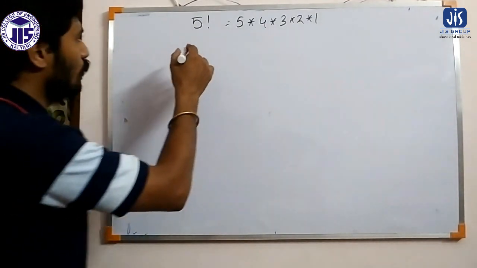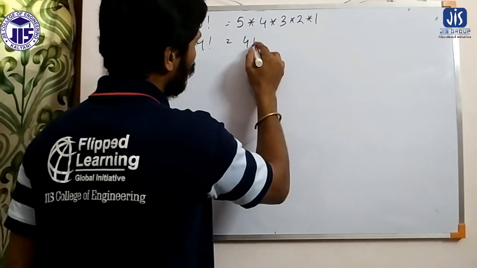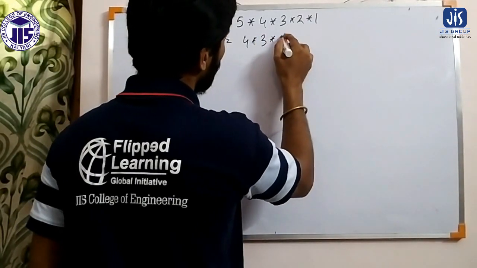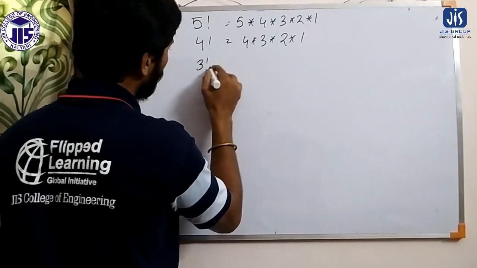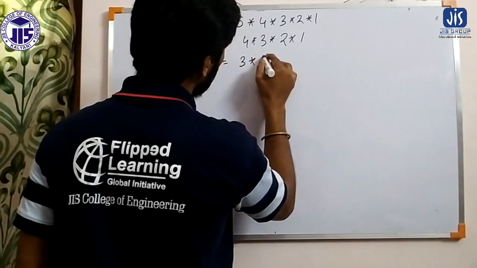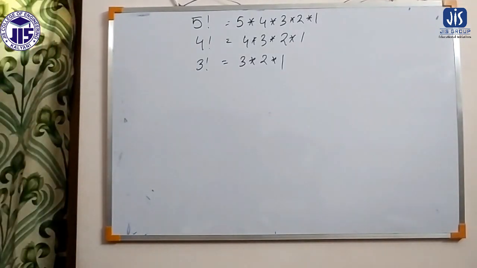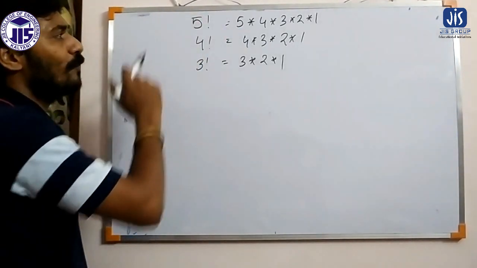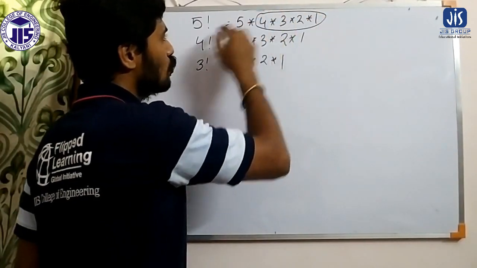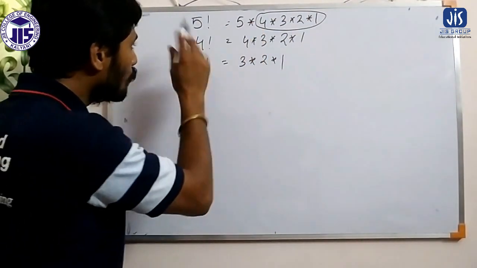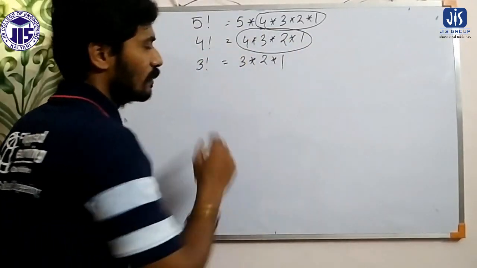Now if it is 4 factorial, what is 4 factorial? 4 into 3 into 2 into 1, and 3 factorial is 3 into 2 into 1. So as you can see, when we are finding 5 factorial, we are performing 5 into 4 into 3 into 2 into 1. Again, when we are performing 4 factorial, we are doing 4 into 3 into 2 into 1.